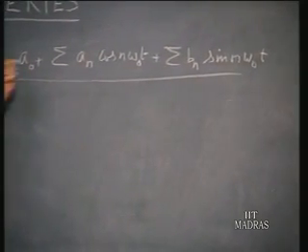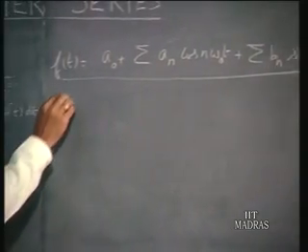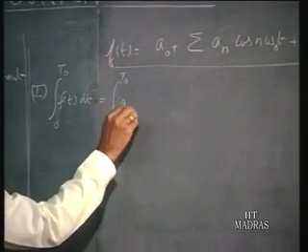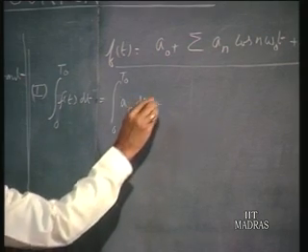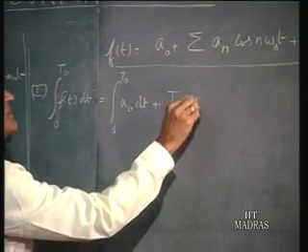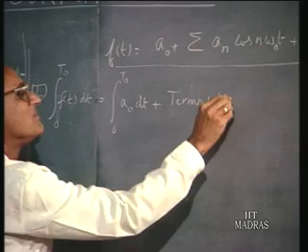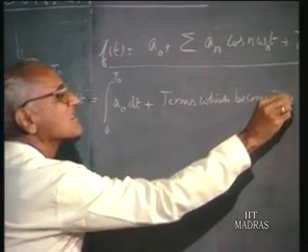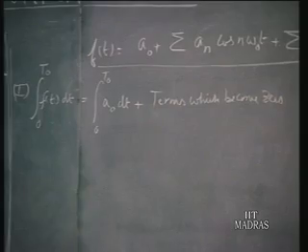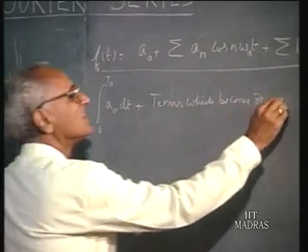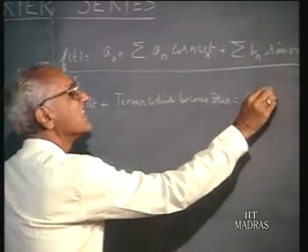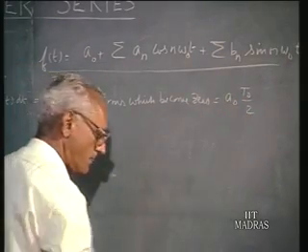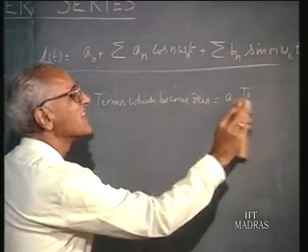So it is only this term which gives rise to a contribution. Therefore I can write this as the integral from 0 to t0 of a naught dt plus terms which become 0. As a result, this is a naught times t0.